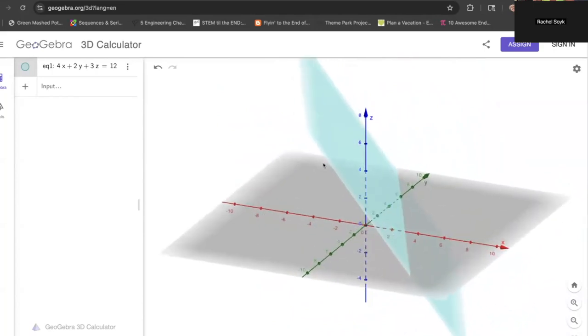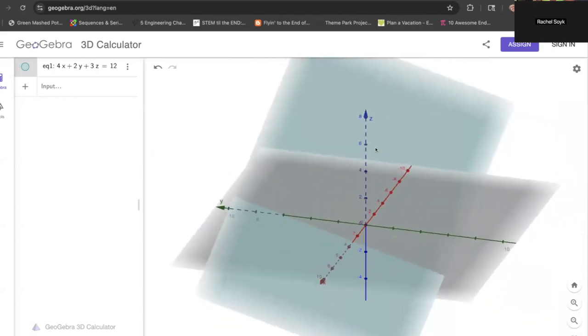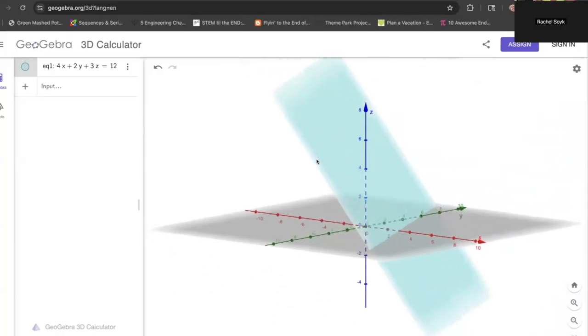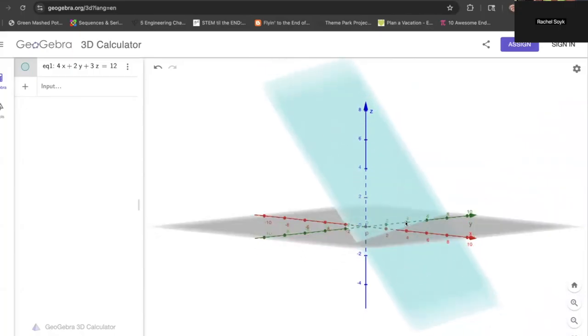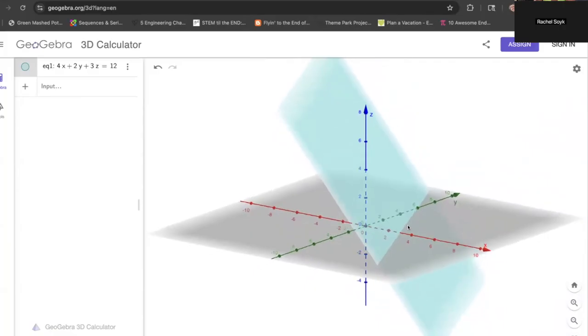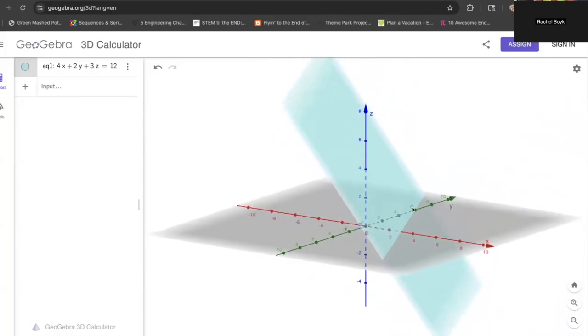And so you can see all different angles, that our plane passes through these intercepts over here. And the intercepts form that triangular region. It might be a little difficult to see the triangular region, but you could see some of the intercepts, right?